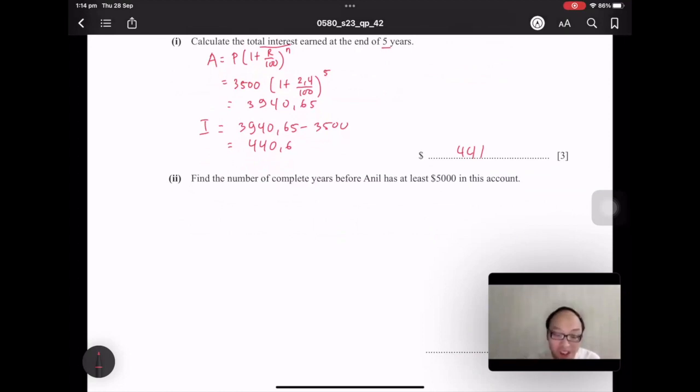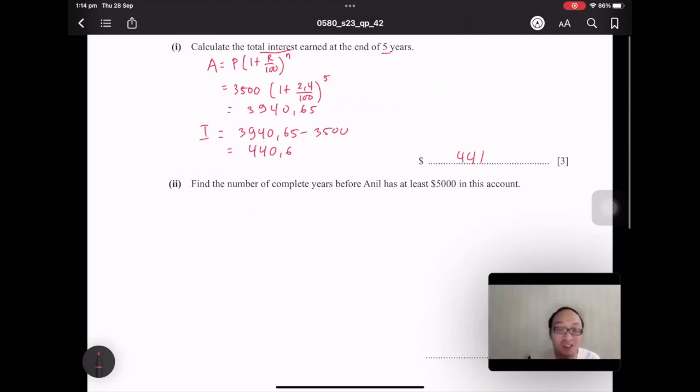Find the number of complete years before Anil has at least 5,000 in his account. So using the same formula, we can put 5,000. This is 3,500 times 1 plus 2.4 to the power of n.